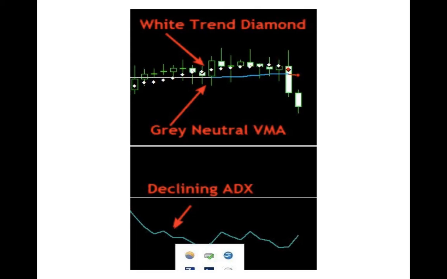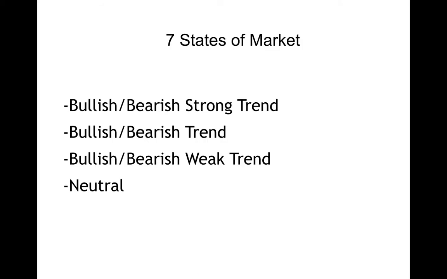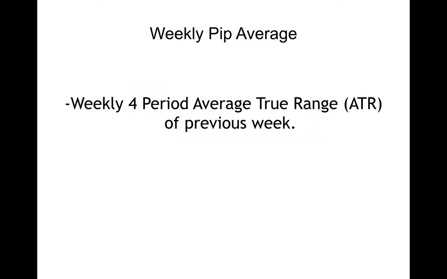So again, you're trying to look for the 7 states of market and you're going to use a daily chart. That's going to tell you how you're going to approach the market. Then we're going to take the weekly Pip average.